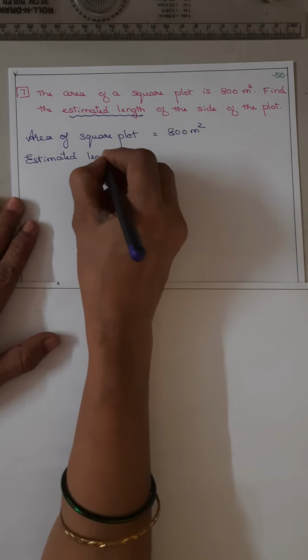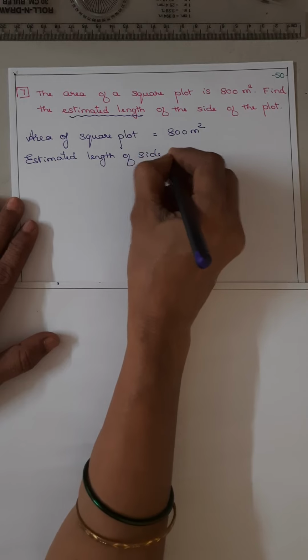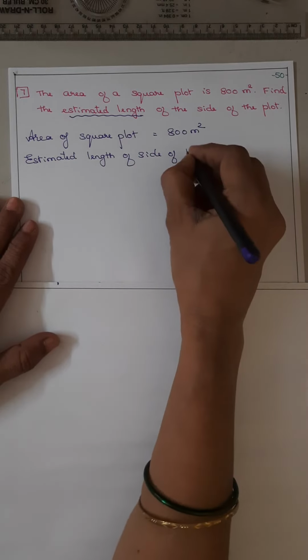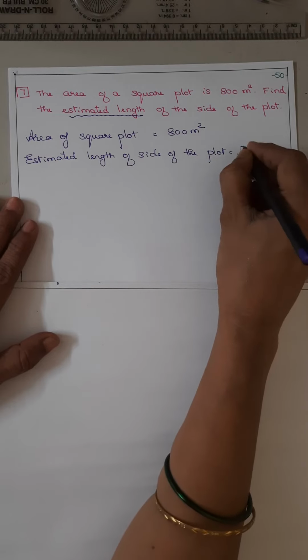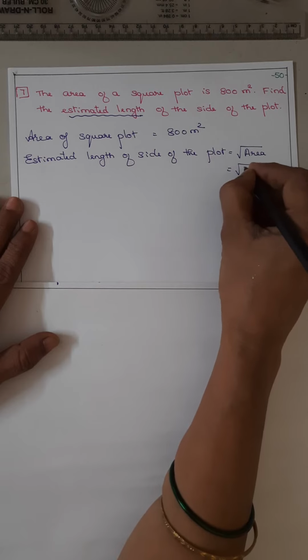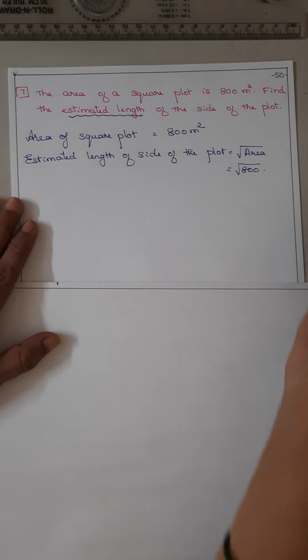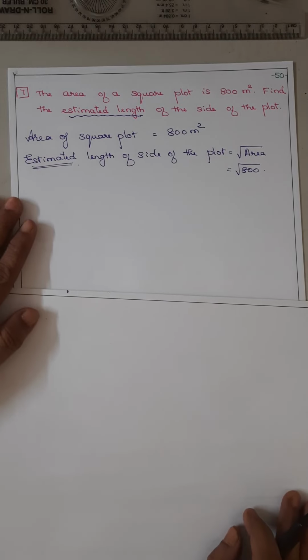So estimated length of a side of the plot is equal to square root of area, it is square root of 800. So estimated means estimation method.